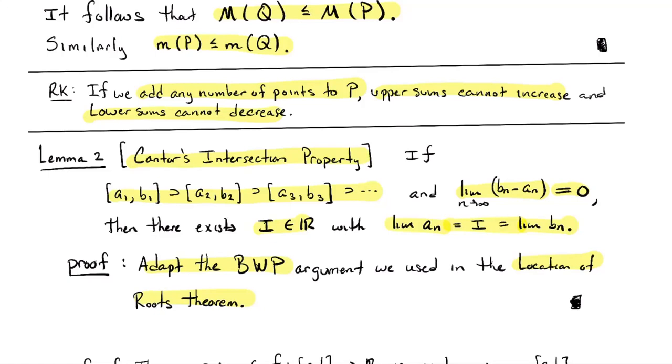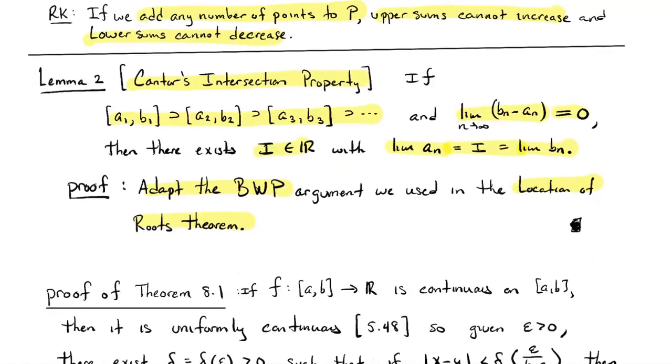Basically, you can argue that the sequence of left endpoints is a sequence in the closed interval from A1 to B1. It has a convergent subsequence and so on. And then you use this condition to show that the corresponding subsequence of right endpoints converges to the same limit. But that's all the detail we'll go into here, because let's keep focusing on Cauchy.